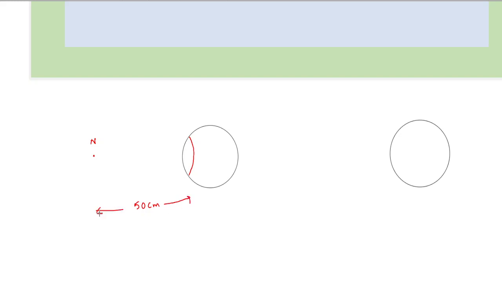The question says what lens should be used so that the person can see an object placed at a distance of 20 centimeter from the eye. So we need to find what lens is required for this case. We have learned in theory class that in case of far-sightedness we need to use a convex lens. So here the lens required is a convex lens.